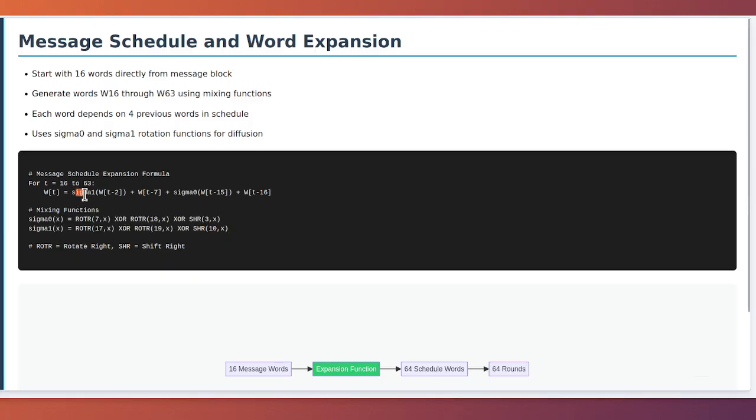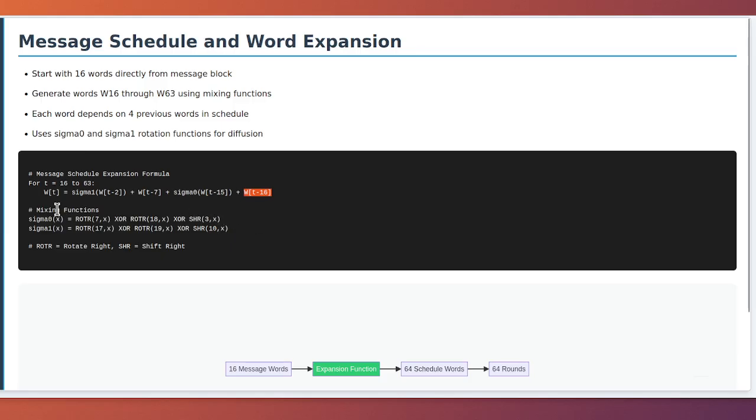Then we generate words W16 through W63 using a specific formula. For each word WT, where T goes from 16 to 63, we compute WT equals sigma 1 of W at position T-2, plus W at position T-7, plus sigma 0 of W at position T-15, plus W at position T-16.